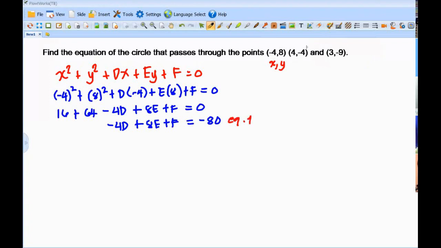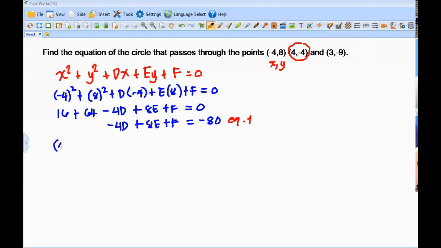Next, we have the next point, (4, -4). Same process, we substitute 4 and -4.